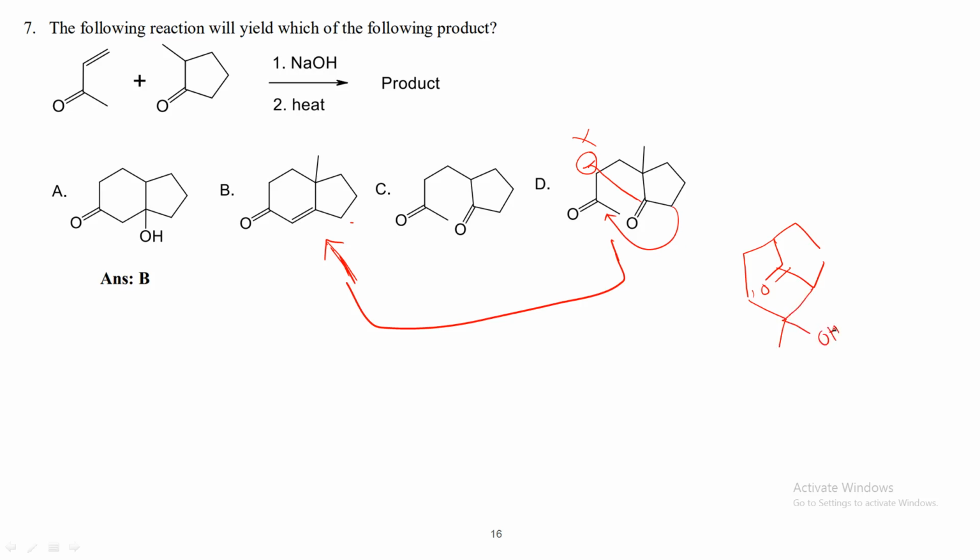You can already see the strain, a strained system or the BZ type of system is generating if this attacks over here. So that's why this is also not happening. So only this is attacking over here and making this 6 5 fused system. So in this way you should approach and predict the product.